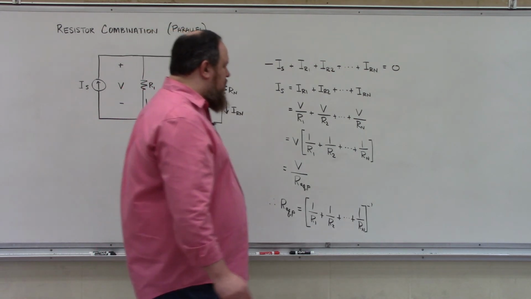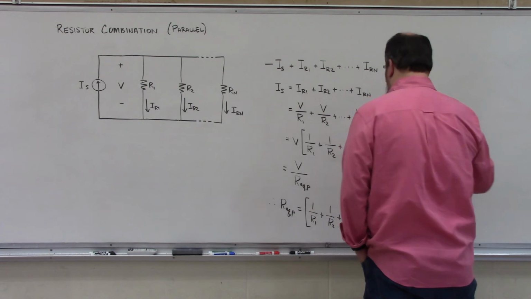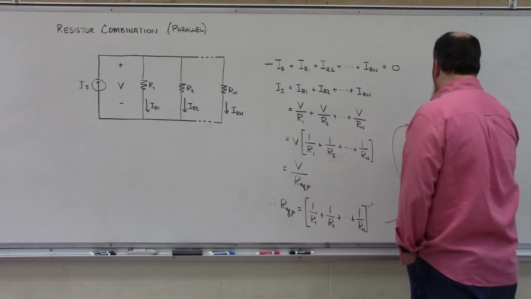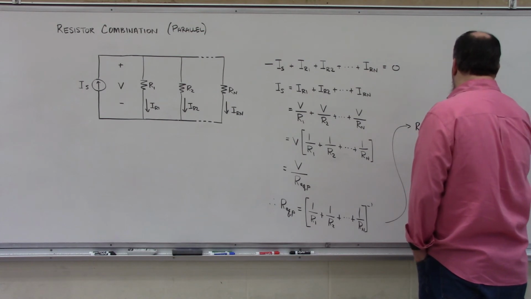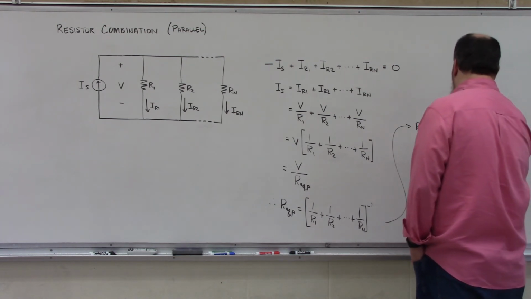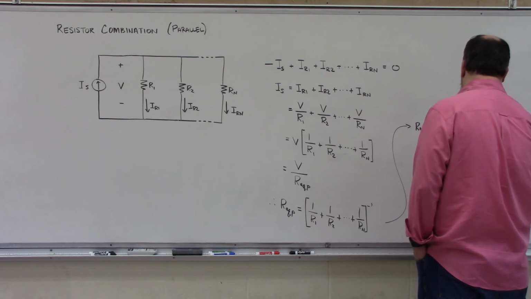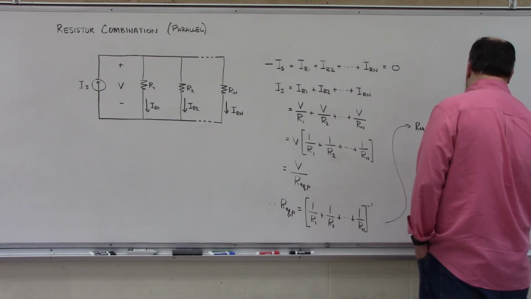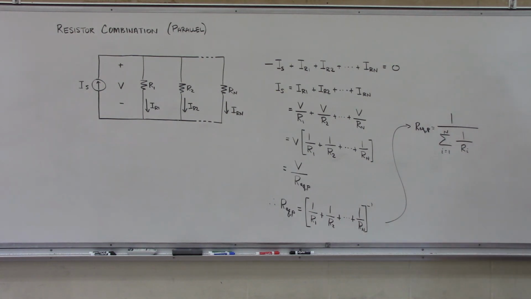We could also write this using summation notation as Req,P is 1 divided by the sum from i equal to 1 to n of 1 divided by R sub i.